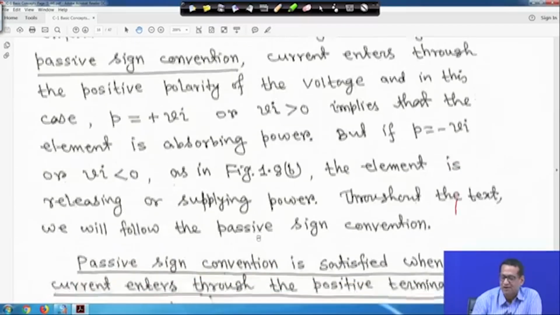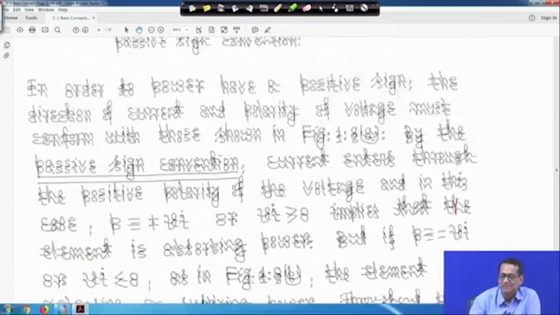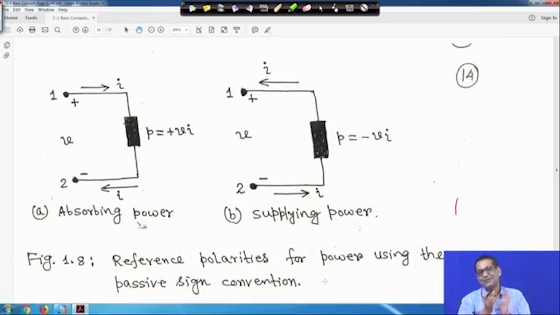Throughout the text and throughout this course, we will follow the passive sign convention. I suggest once again, because at a later stage we will solve problems, the basic things should be clear initially.